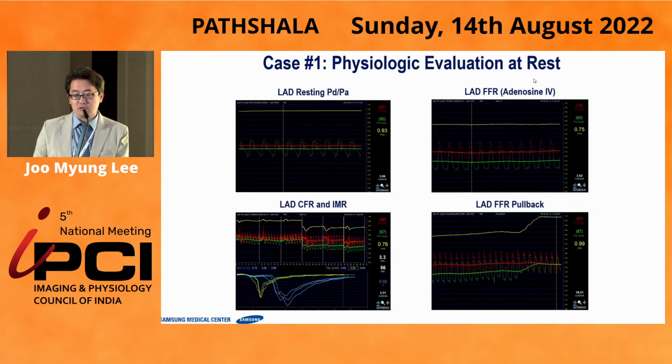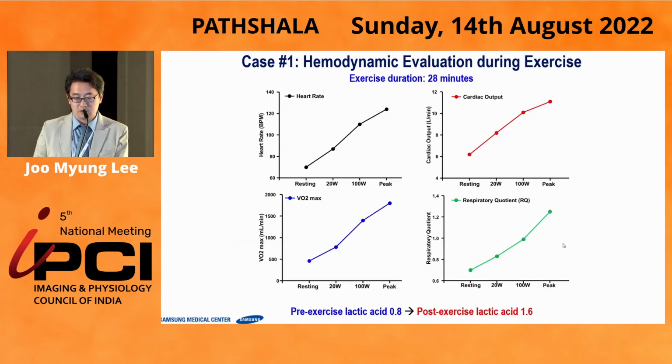These are baseline evaluations: PDPA 0.93, FFR under 140 microgram IV adenosine was 0.75, and the CFR was 3.3. This is a typical example of a negative resting index but positive FFR with a very good CFR value. And the FFR pullback showed a major step-up across the proximal LAD stenosis.